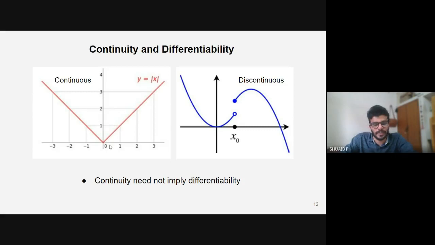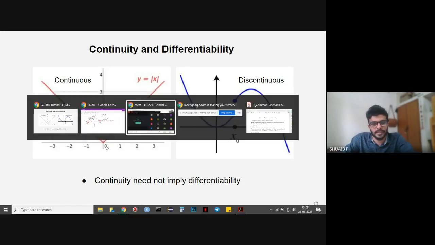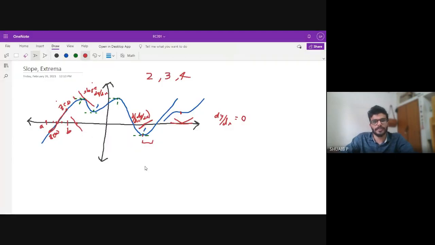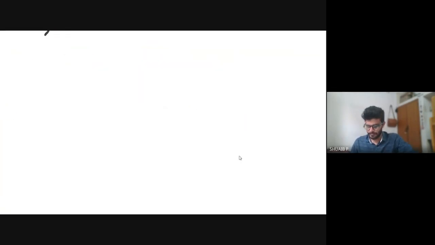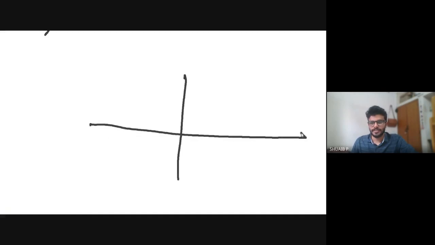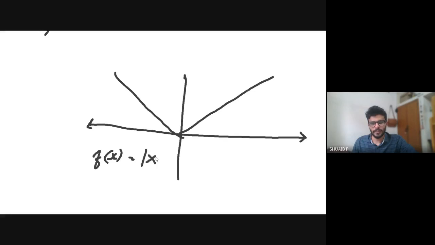So to understand differentiability better, suppose this is the function that we considered in the previous example. f of x is equal to mod x.